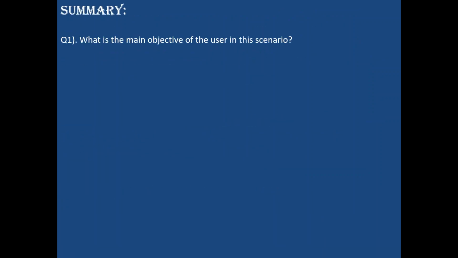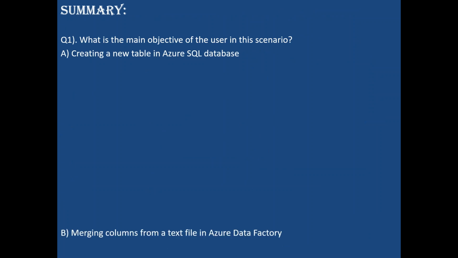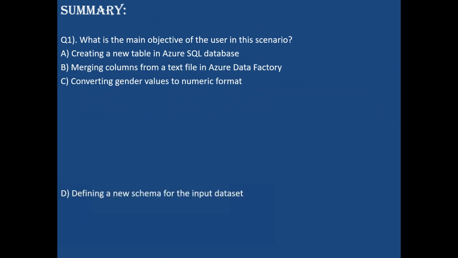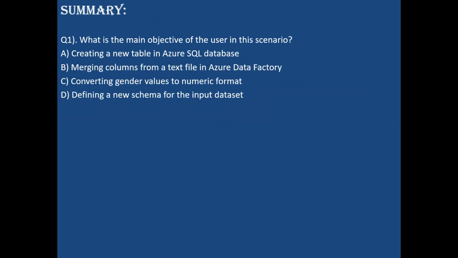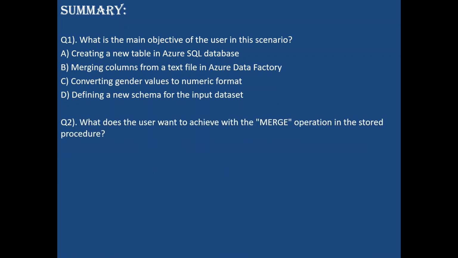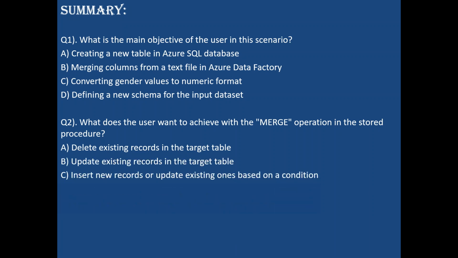What is the main object of the user in this particular scenario? The main object of the user is merging columns from a text file in the Azure Data Factory. Yes, answer B is correct. What does the user want to achieve with the merge operations in the stored procedure? It is basically to insert new records or update the existing ones based on a condition.